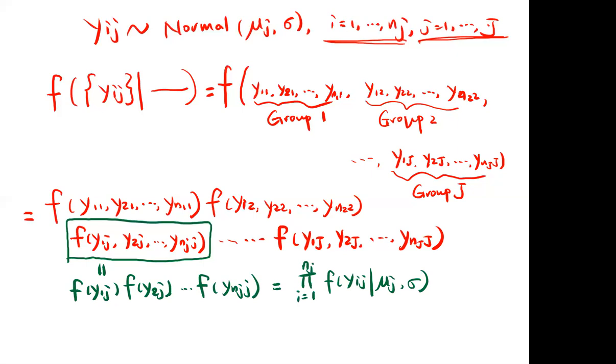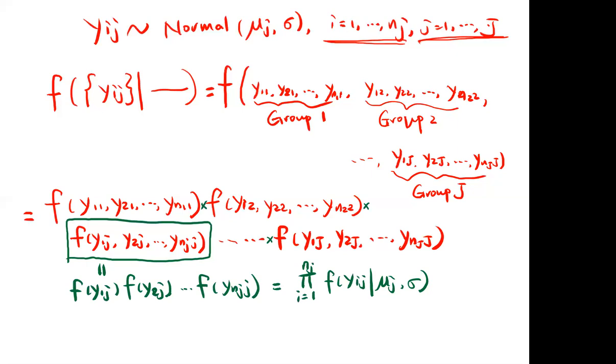So in green, I express the joint of observations in one group by a product of the univariate density of yij, fixing the j. Then to get all of the other groups, I do this for each group separately, but in the end we take the product across the groups.